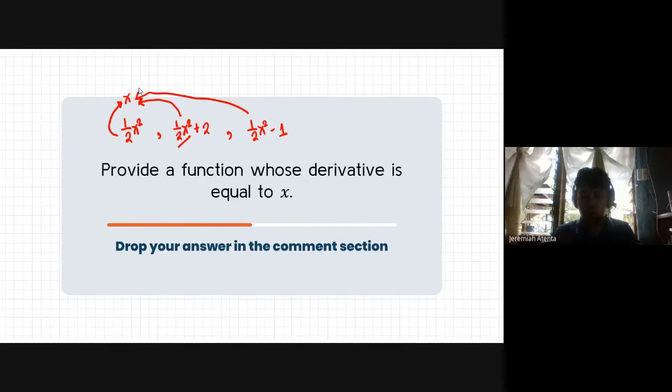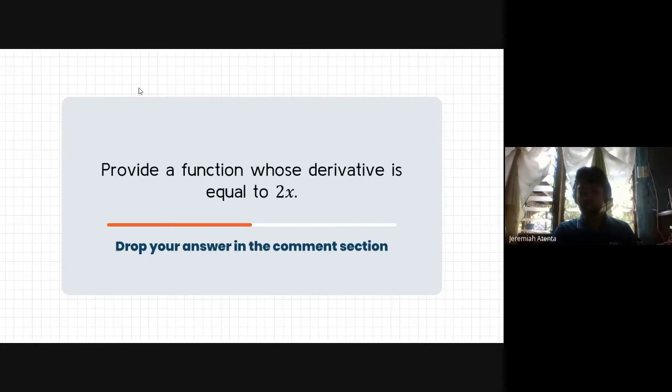Thank you for these functions. Now for the last one, what if I will change again the derivative to 2x? What will be the function? Or can you provide a function? I think 2x is easier than x. Tama? What will be the function?